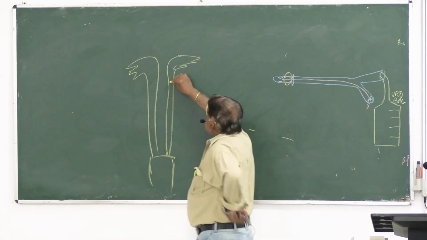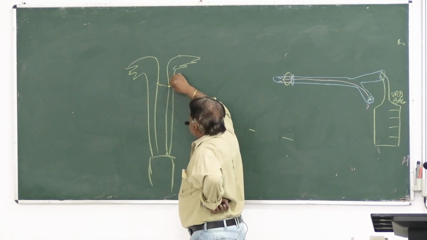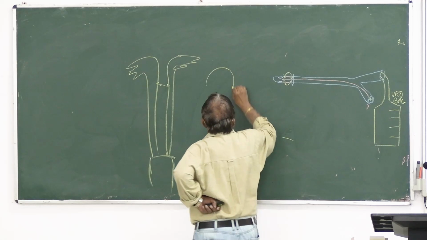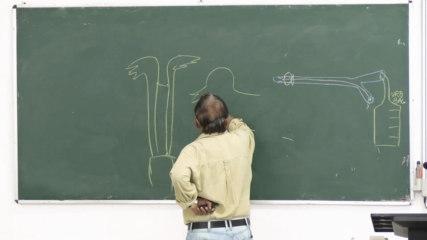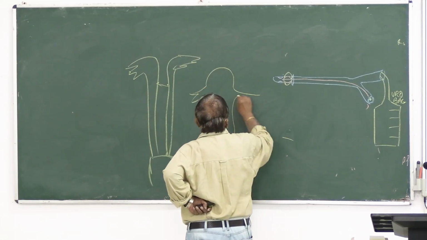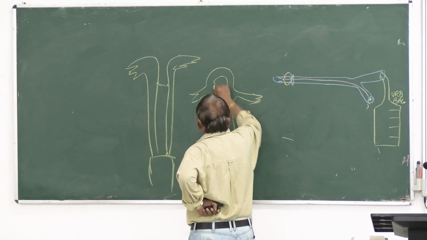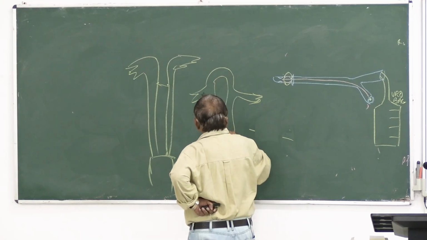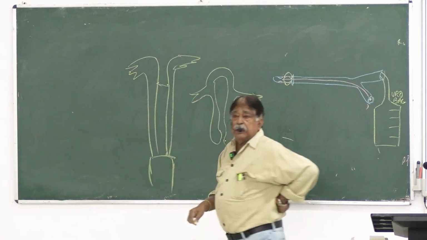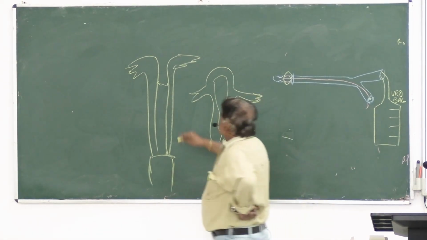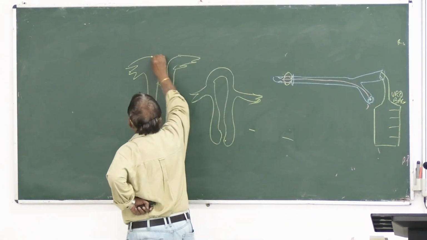Now, these two unite and they form a single Mullerian duct.